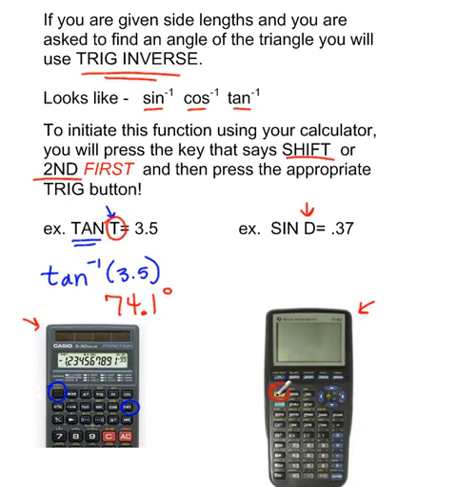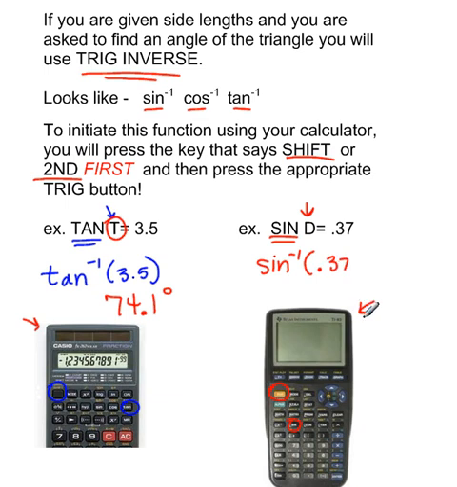Press the second button and then press your sine. Why the sine button? Because that is the trig function at hand. You will notice that this will pop up on your screen and it will open a set of parentheses for you. What you're going to put in those parentheses is this decimal right here, which is 0.37.